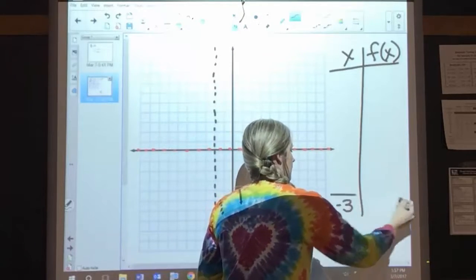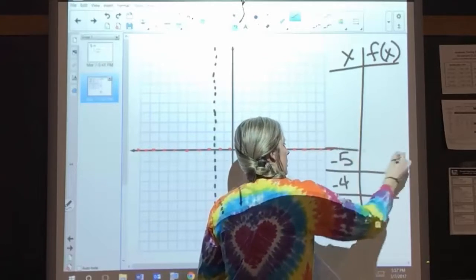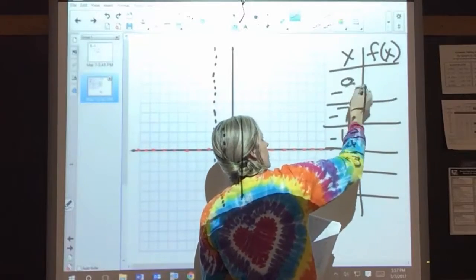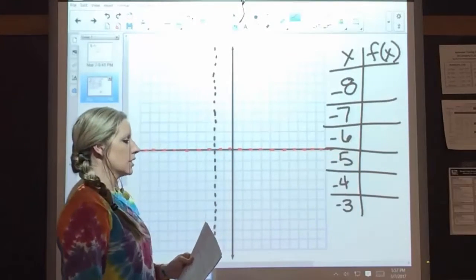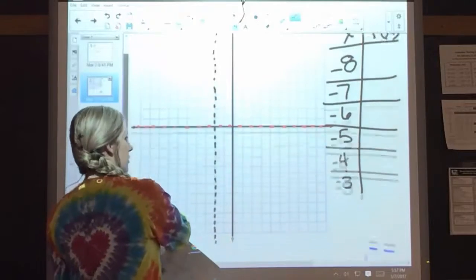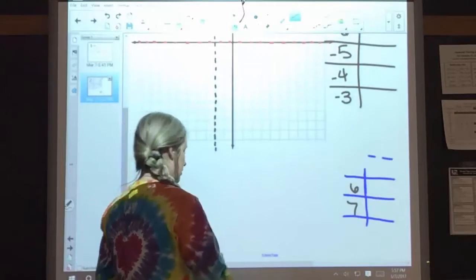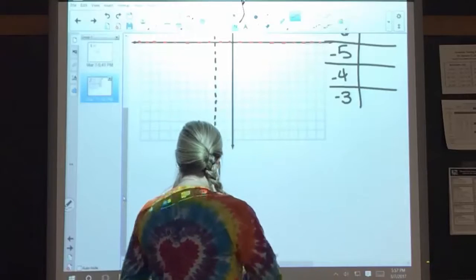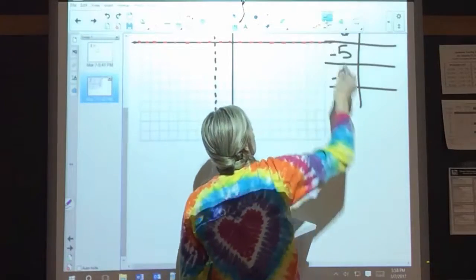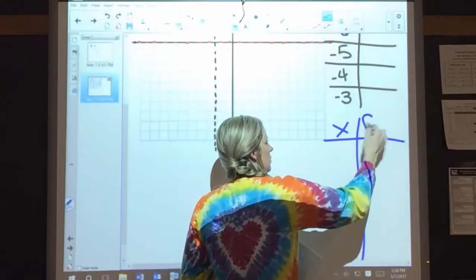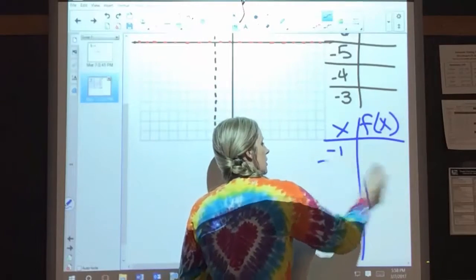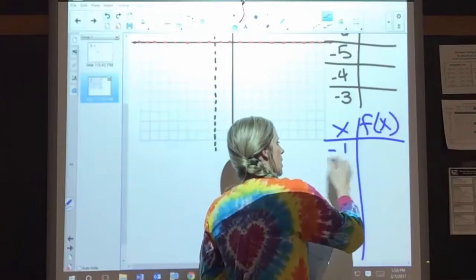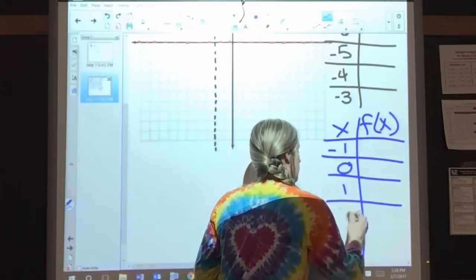So -3, -4, -5, -6, -7, and then -8. Okay, my table for after the asymptote is going to start where x is -1. So -1, 0, 1, 2, 3.